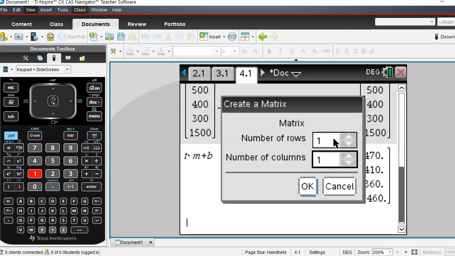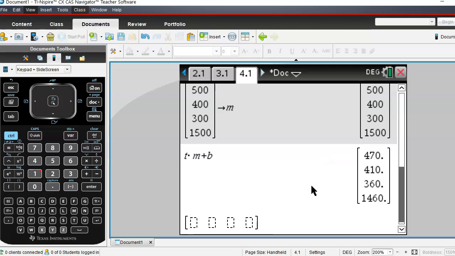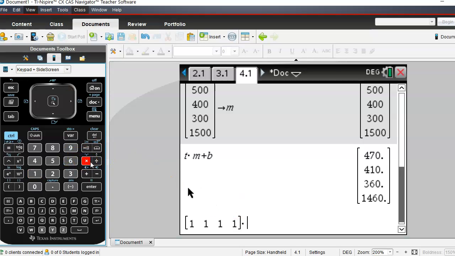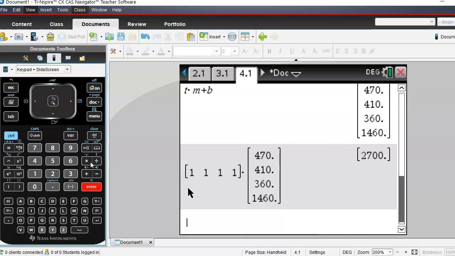One row, 4 columns, 1, 1, 1, 1, times by that, 2,700. Okay, so now that's our M1.